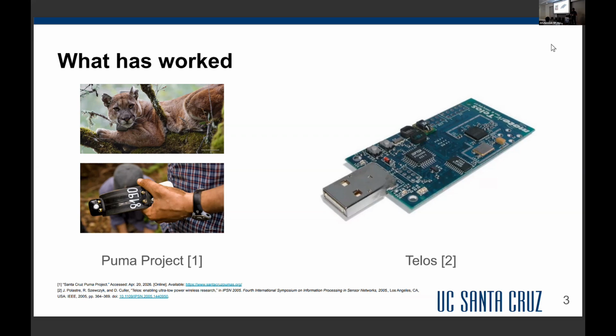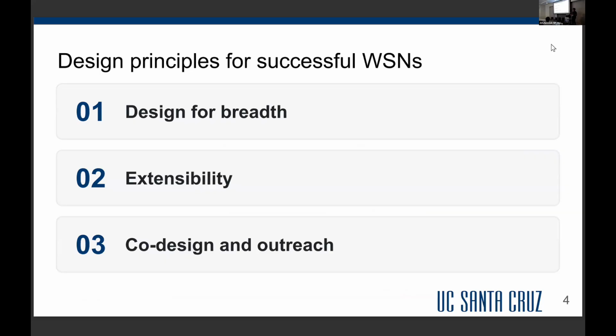So looking at these platforms, we boiled it down into three separate principles that we used in the design of ENTS. First is design for breadth, which is mainly for hardware. Design for breadth is essentially over-provisioning the hardware so you don't need to do hardware modifications down the line, as that's time-consuming and costly and is not as iterative as engineering in, say, computer science.